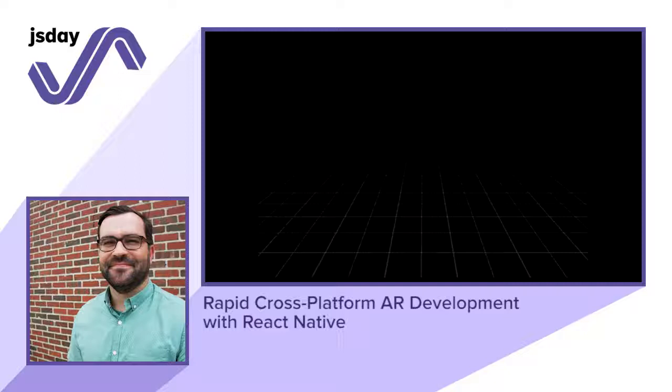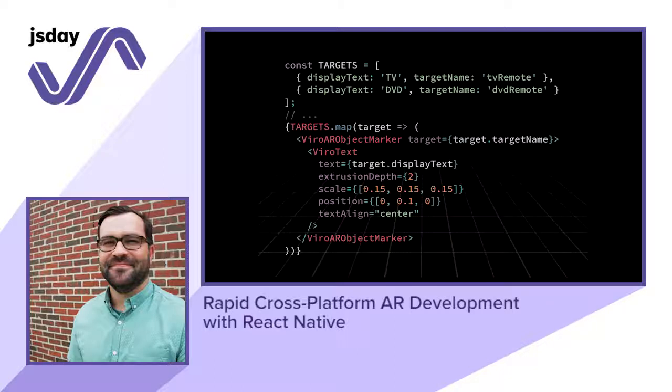I've scanned both of them, and we're going to have the app detect which one is which. Again, I have those two targets that I've already created. I just put them into an array with some text that I want to render, and then I'm mapping through that array, which is going to create the object marker for each one, as well as the text that needs to be rendered.